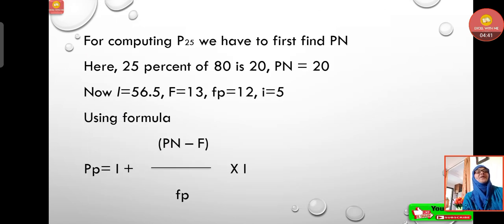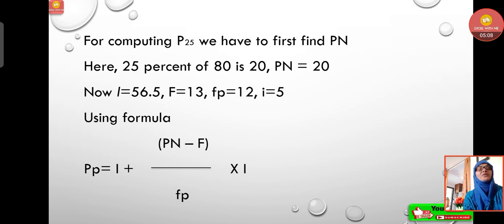For computing P25 we first have to find Pn. Here 25% of 80 is 20, so Pn equals 20. Now l equals 56.5, that is the lower limit we were talking about, and F equals 13, Fp equals 12, and i, that is the class interval, is 5.